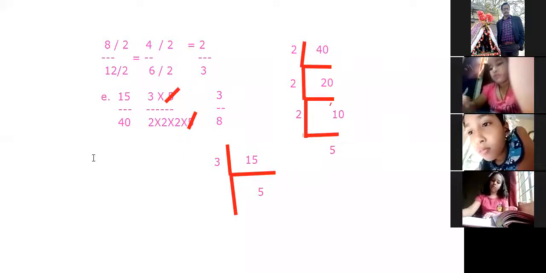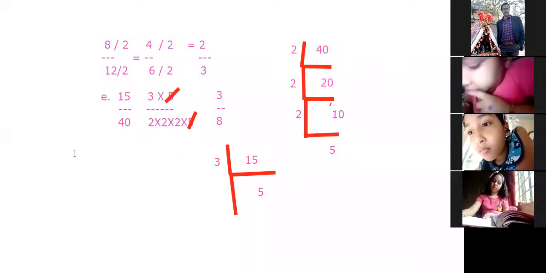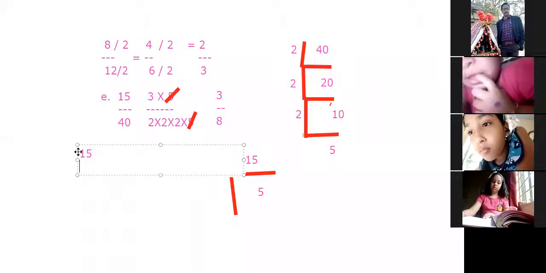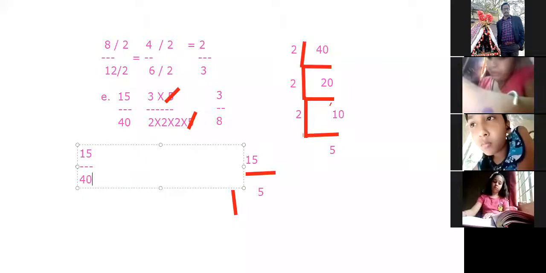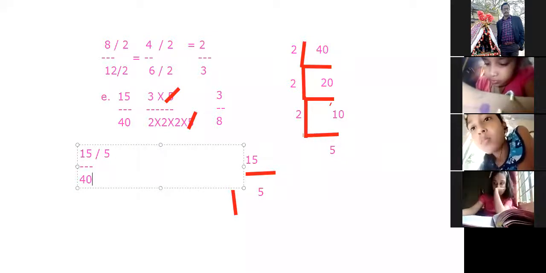How you will do that, I will show you. You will write 15 divided by 40, and then you will divide both 15 and 40 by 5. Why will you divide by 5? Because there are no other common factors.